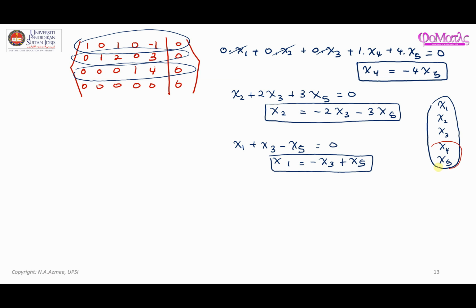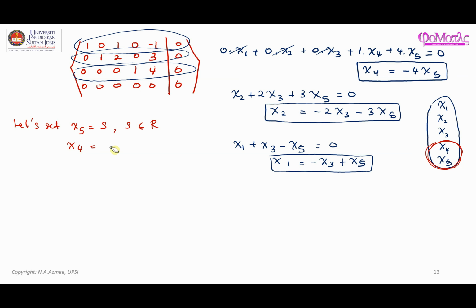So we can say, let's set x5 equal to s, where s is any real number, and x4 is equal to... Actually, it can be not x4 and x5 directly. Sorry, let me just erase it.